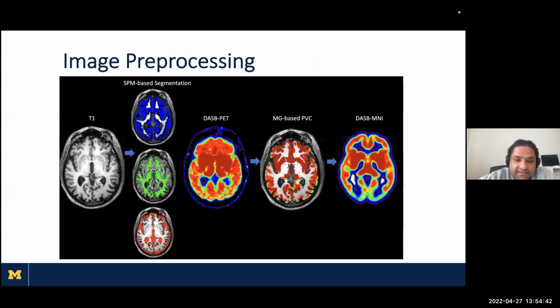Then we use this segmentation and apply the Muller-Gardner partial volume correction method on our registered DSP PET image to get a partial volume corrected serotonin PET image, and then we put them in MNI space using the same methods as previously done.